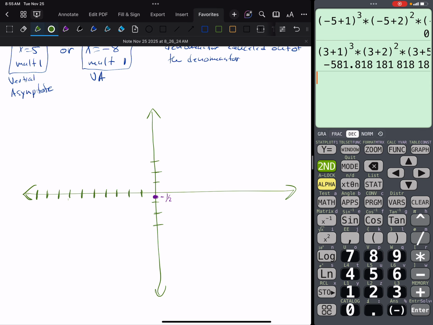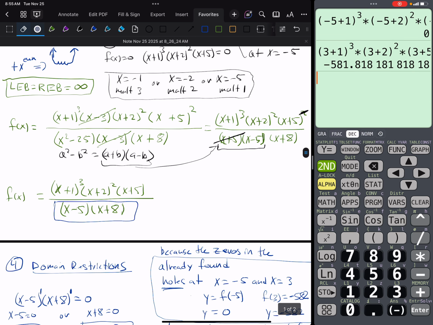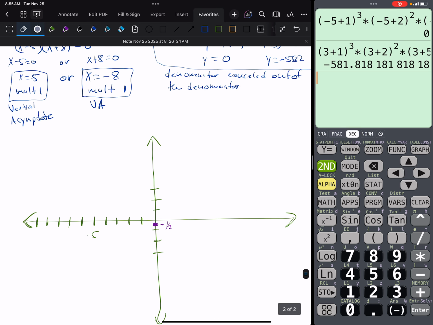So 1, 2, 3, 4, 5, -5. And then what did I say? There's -1 and -2. So -1, oops, give me my pen back. -1 and -2. And so I just like to dot in a vertical line here to remind me that I have a vertical asymptote there when I'm graphing.